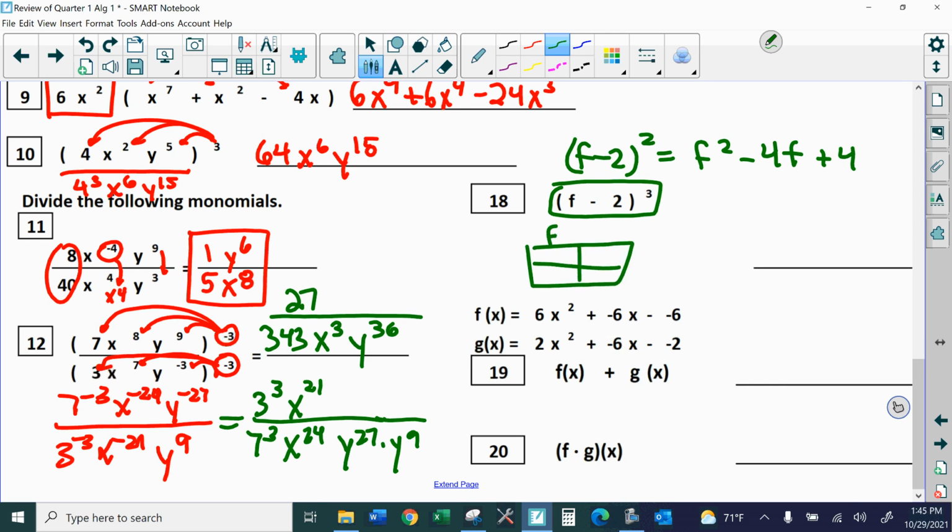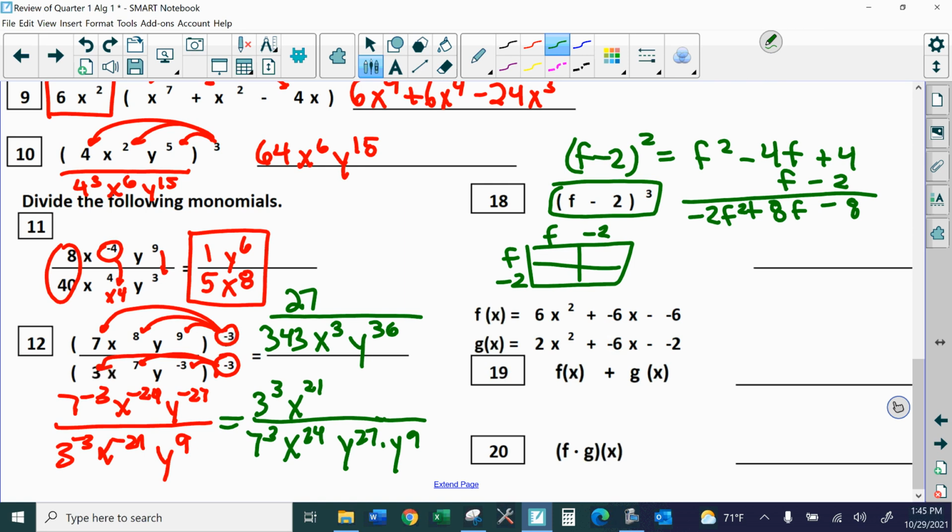You have to do f minus 2 times f minus 2, and then use the box method to get that answer. So there's that, and multiply together, and now I need to multiply it by a third one right there. I'll do the vertical method here. I get negative 8, and I have positive 8f. Remember, you put the signs with it, and negative 2f squared.